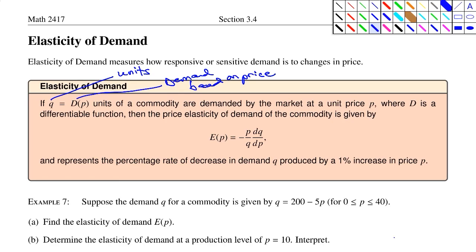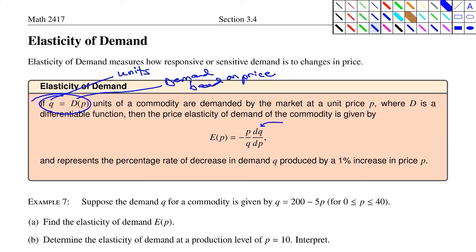So that's the derivative of the Q function based on P. And this represents the percentage rate of decrease in demand Q produced by a 1% increase in the price.